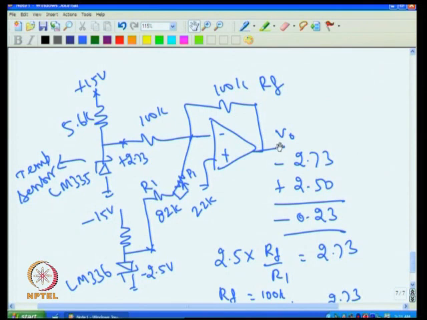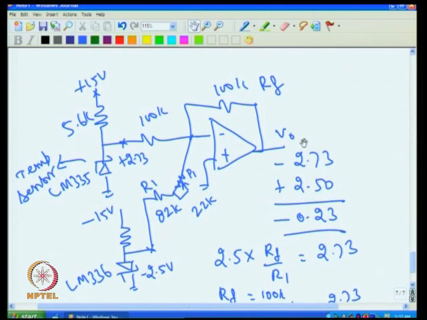So the problem comes that if this is not going to exactly 3.73, then there is nothing to adjust. So it is essential that when I put it in ice, even though this is not going to 3.73, I have to make this go to 1 volt. Then only our instrument will be correct.